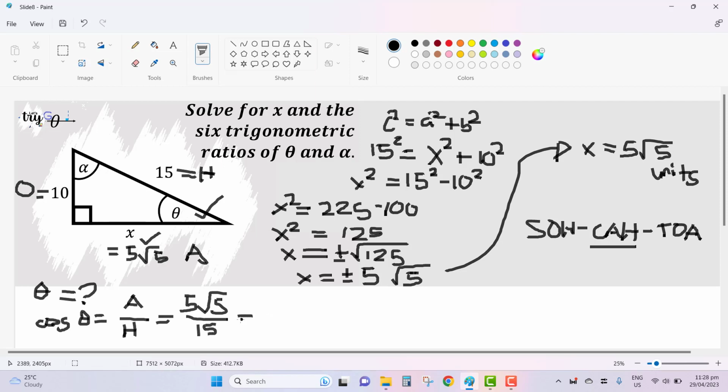Simplifying it further, because 15 has a factor of 5, you are left with 3. So the cosine theta is equal to square root of 5 over 3. This is your first trigonometric ratio for angle theta.